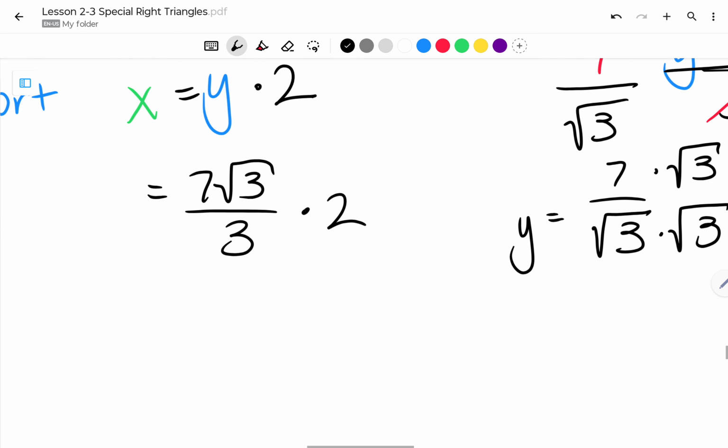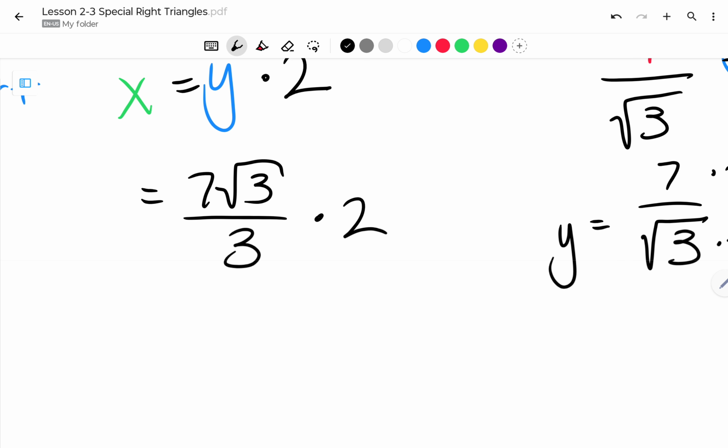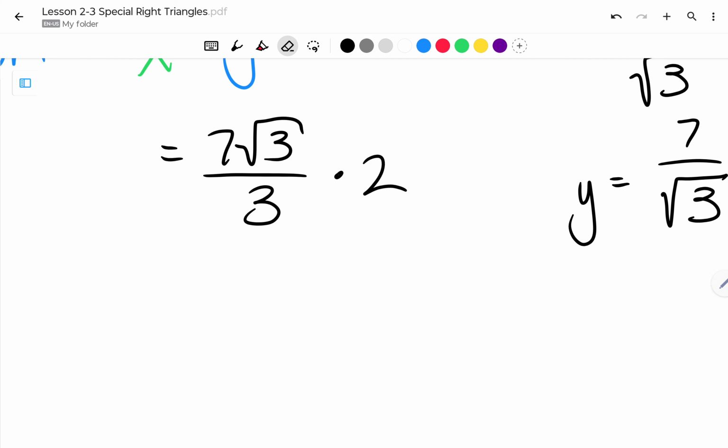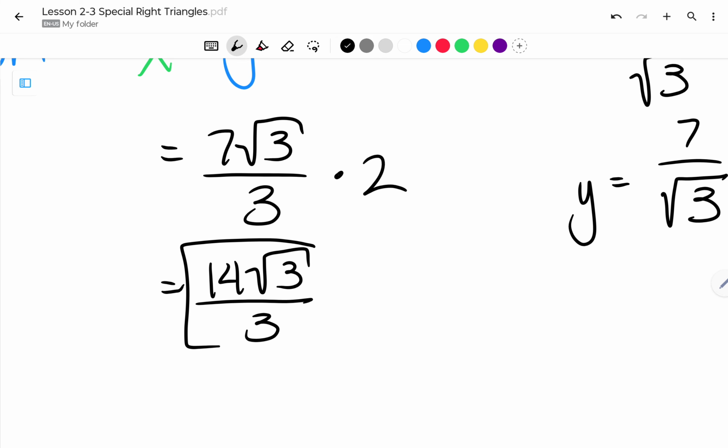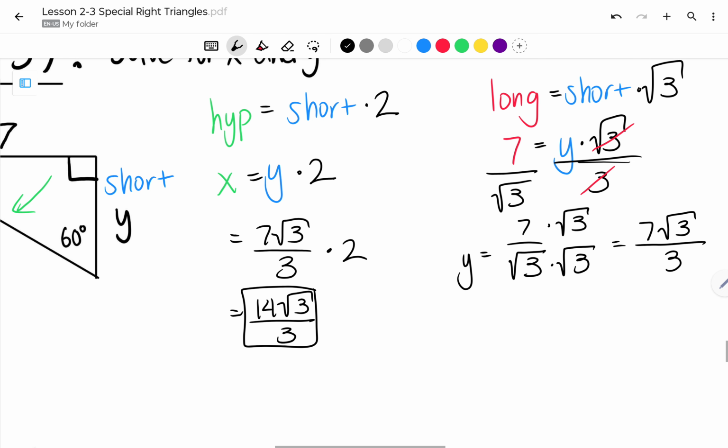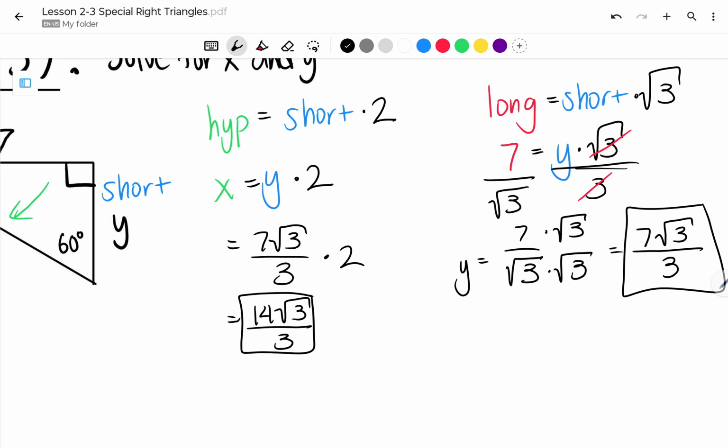Sorry. Now again, this number gets multiplied to the top. However, it's times 2. So you're not going to multiply it to square root of 3. We're going to multiply it to the 7. So you're going to get 14 square root of 3. Okay, so that's your answer for x. And this is our answer for y.